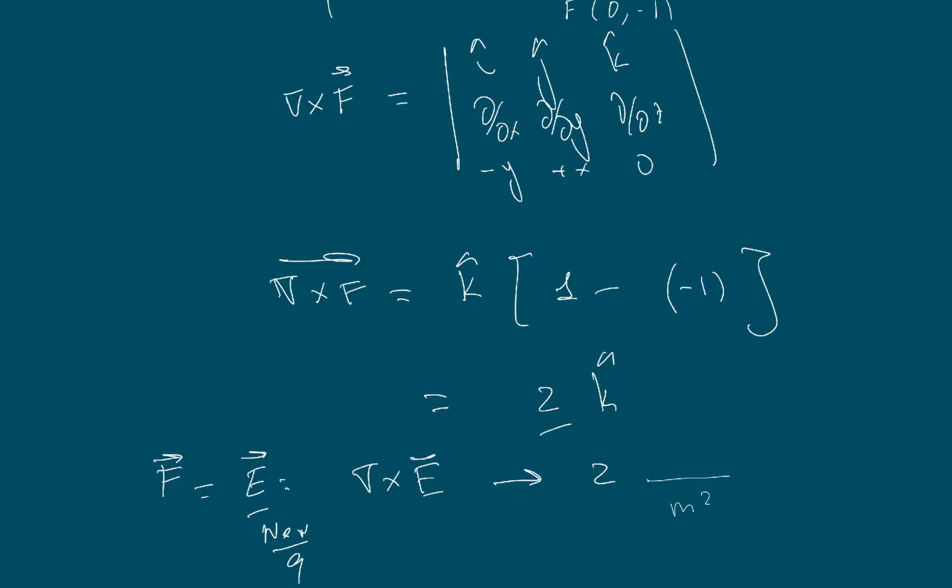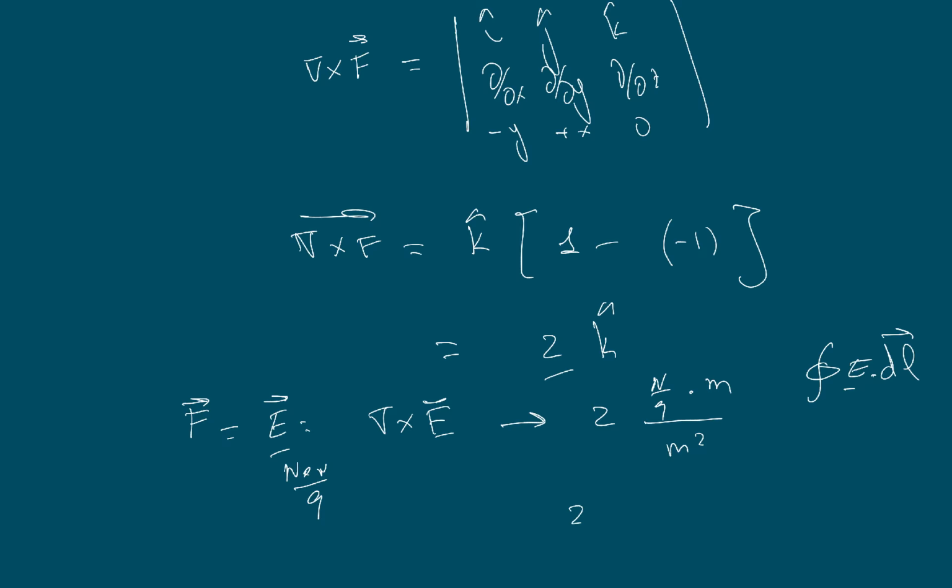And the line integral is E in newtons per coulomb, E scalar dl or dr, times meters. So it's newtons per coulomb per meter. So this means that the 2 has units. And the unit of the 2, in the case that F is an electric field, will be newtons per coulomb per meter. And these are the units of this 2.